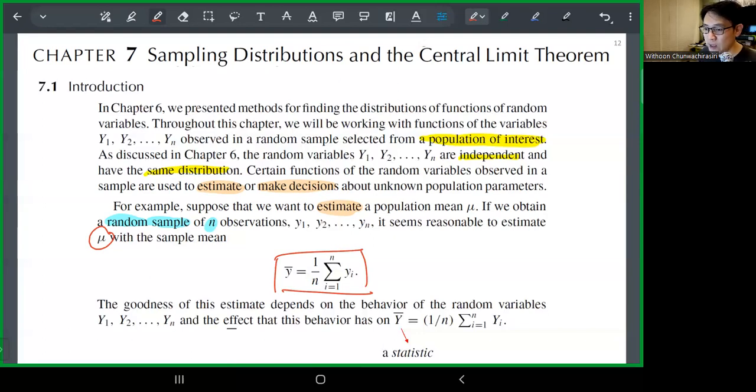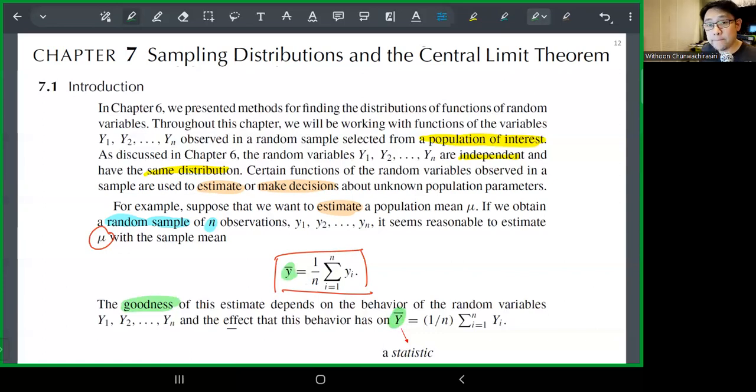So here comes the question: how good is Y bar as an estimate of the population mean mu? The way you can answer the question about goodness depends on the behavior of Y bar itself.